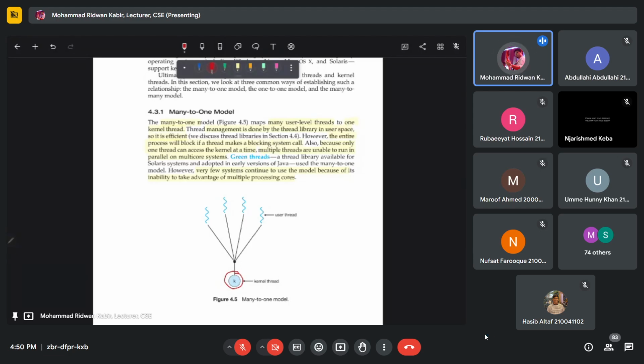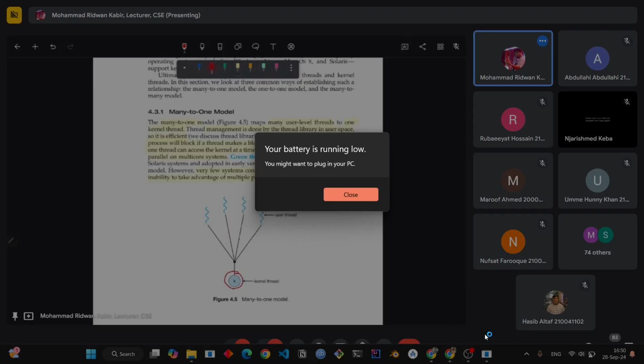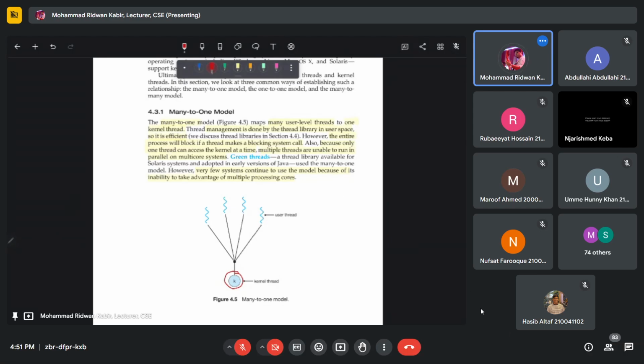Now, can you tell me what could be a bottleneck for this particular model, the many-to-one model? Any guess? No one?